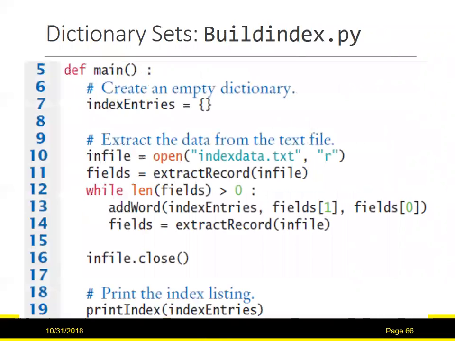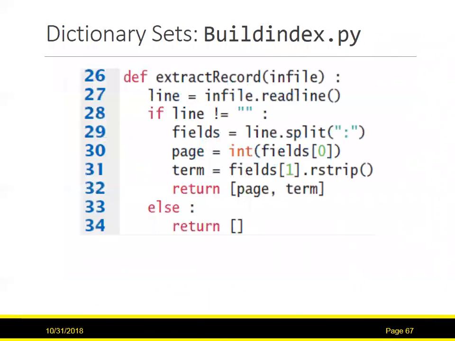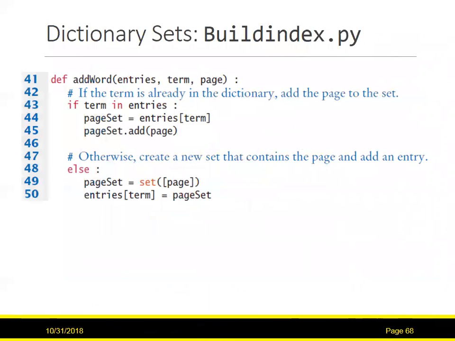All right, so we have an empty dictionary. We read the file. We're still using extract record. Oh, his add word function is, there it is.